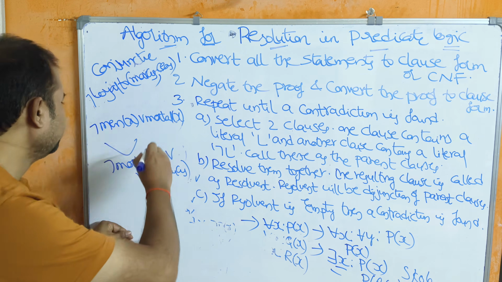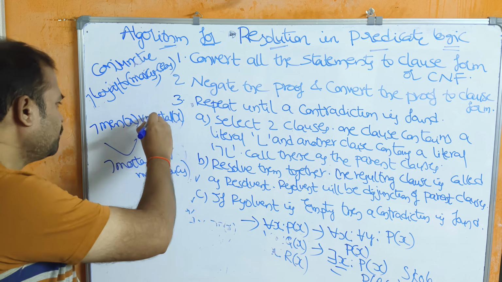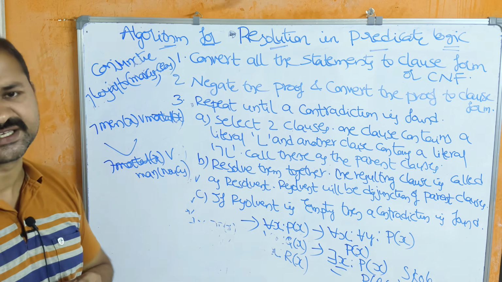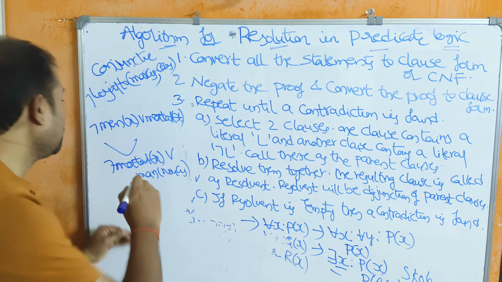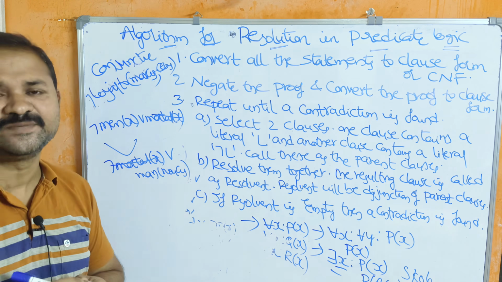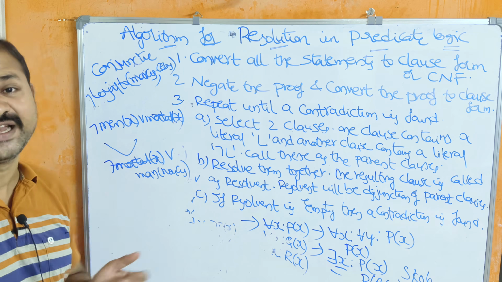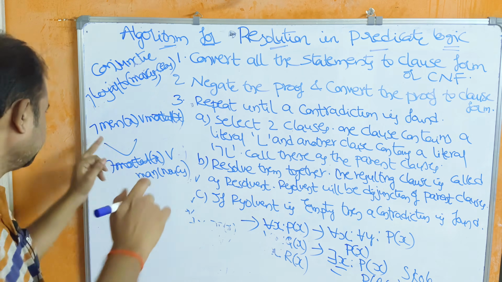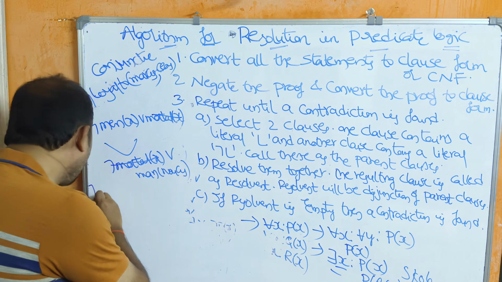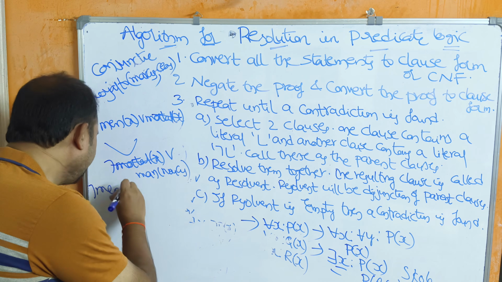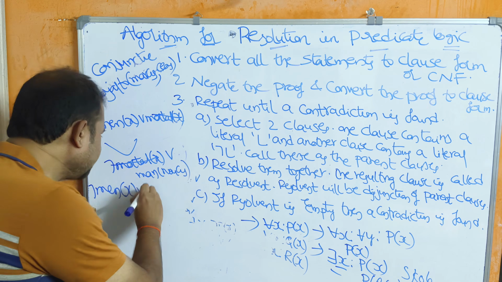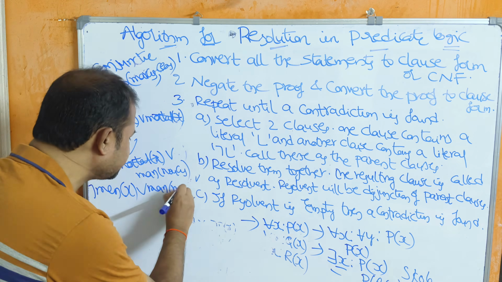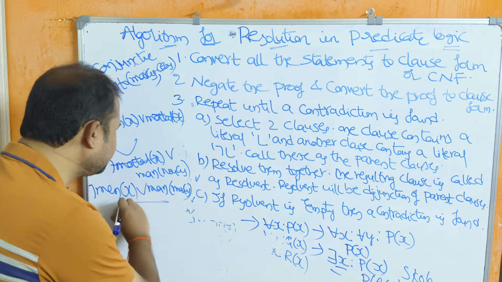If you see here, mortal of x and negation mortal of x will be cancelled. So now we will get the resolvent. Resolvent is nothing but the disjunction of the literals remaining in both clauses. So here negation man of x is remaining, whereas here man of Marcus is remaining. Disjunction means the or operator. So this is the resolvent.